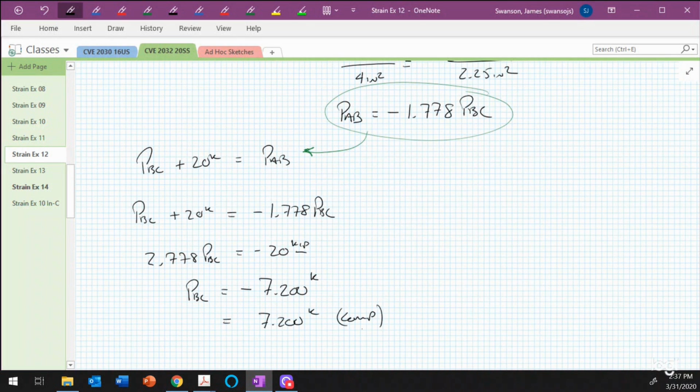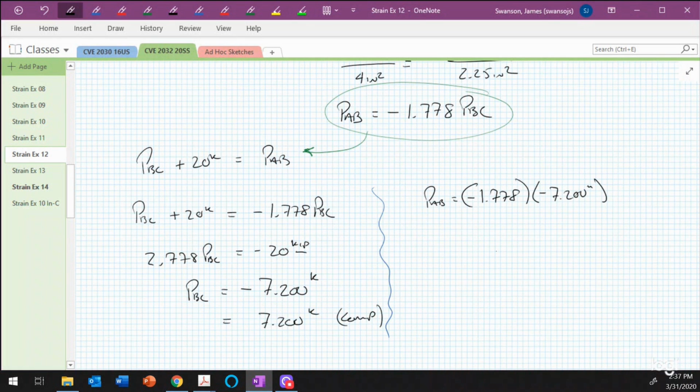Okay, cool. Now what I can do is solve for P sub AB. So let me go ahead and just sketch in a division line there, work over here. So I know that P sub AB is equal to minus 1.778 times P sub BC. So that's minus 7.200.